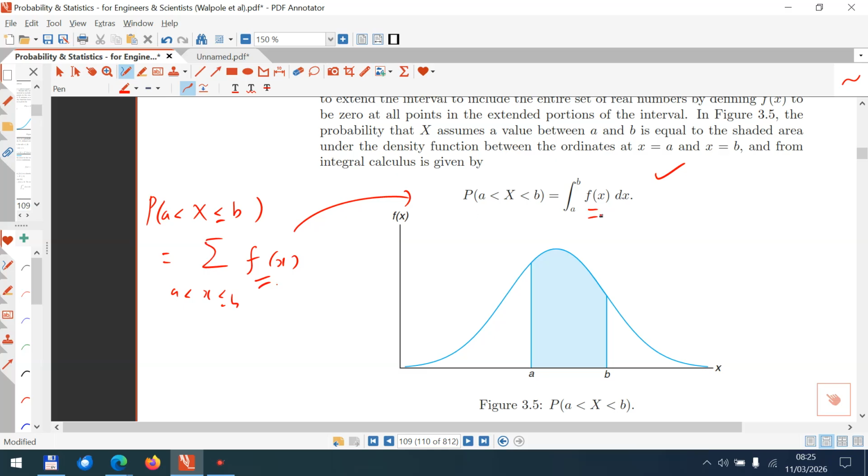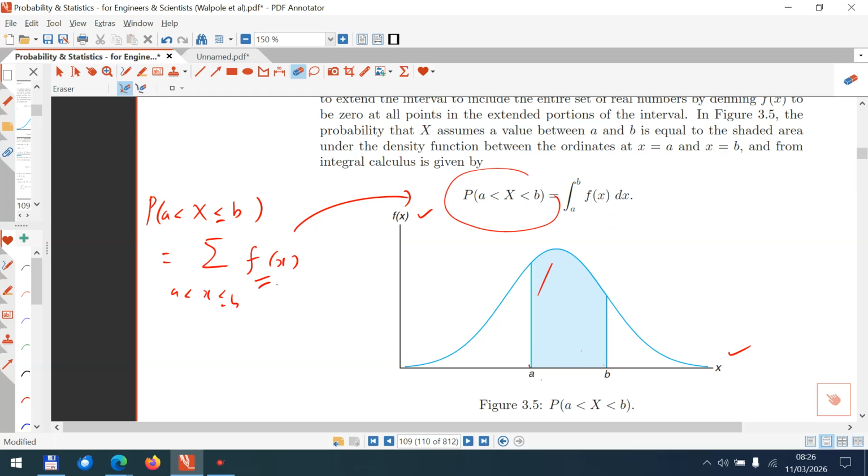This f now will not be probability, it will be probability density. So we will have to integrate it by multiplying with dx and integrate from a to b, right? And you can even see this: the area between any 2 points will give you the probability that x takes values in that interval.